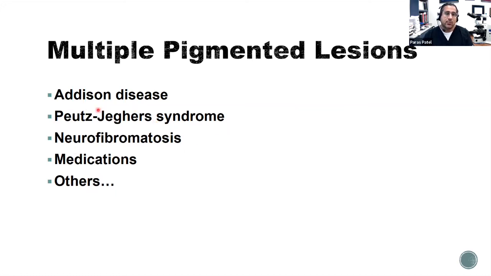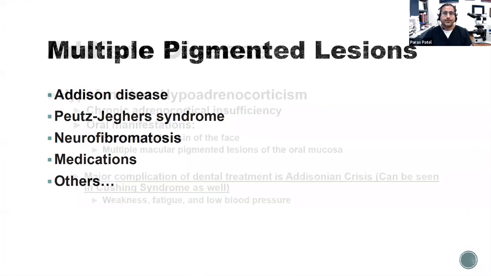Neurofibromatosis, another syndrome in which these individuals can have these pigmented lesions. Medications. Okay, that's back on the list here. There are a lot of medications that can increase pigmentation, one, through stimulation of melanocytes, or two, through other mechanisms in regards to vascular issues or deposition of different sorts of pigments within the connective tissue.